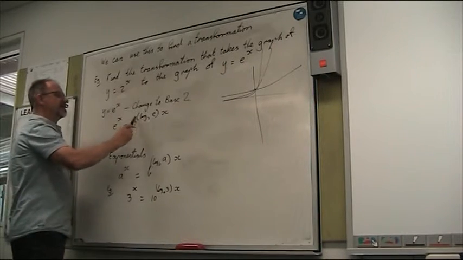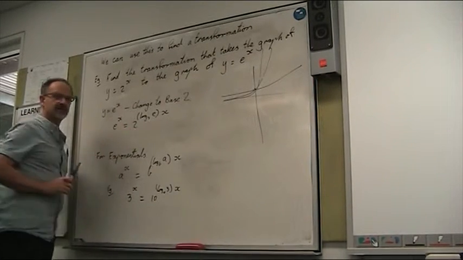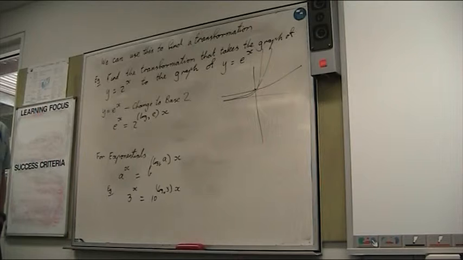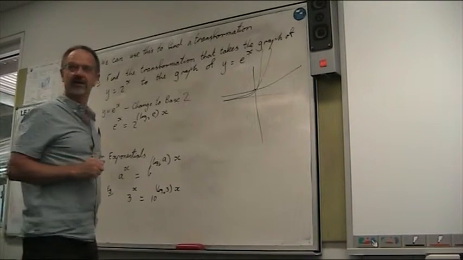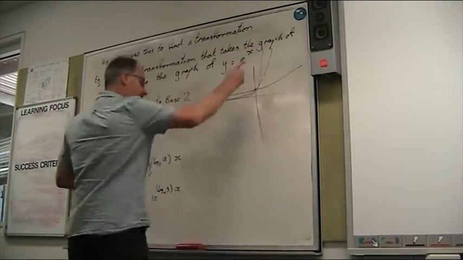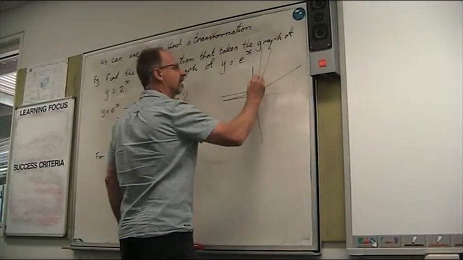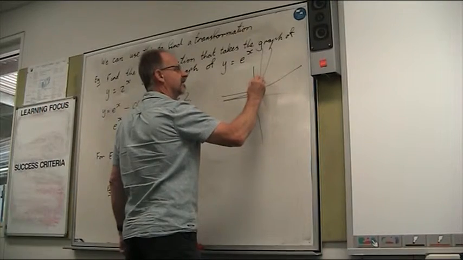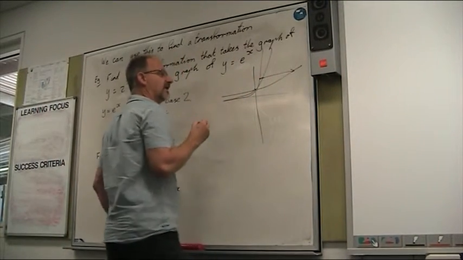What sort of transformation is a number in front of the x? It's a dilation from the y-axis, which is what this looks like. So this point here either goes to there or it goes to there.